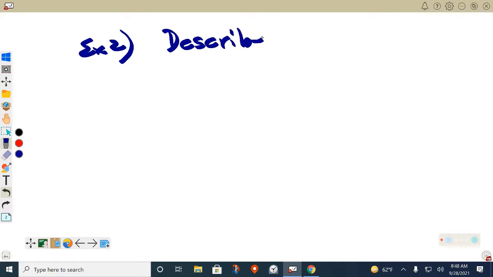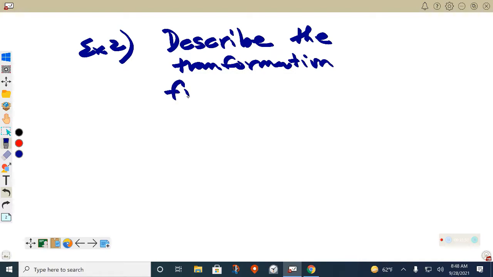Example 2. Describe the transformation from f to g. Last example.